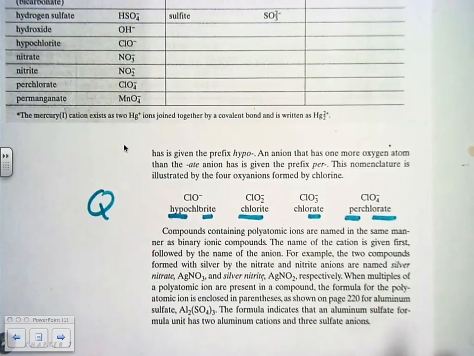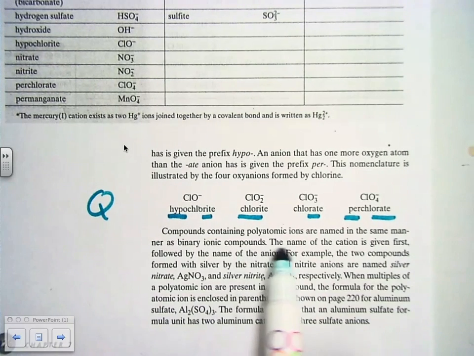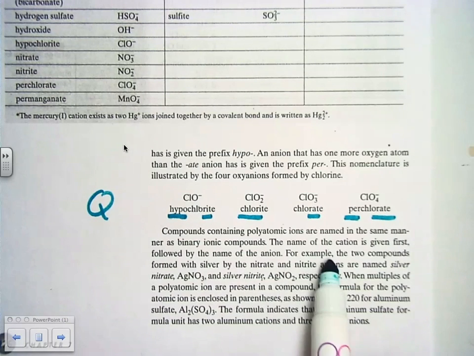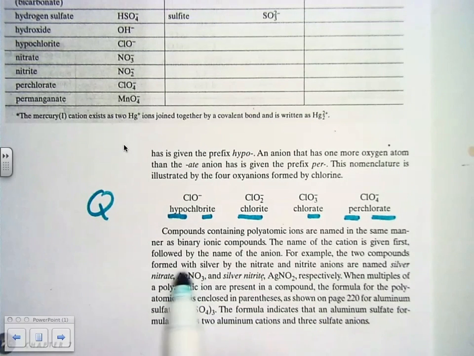Compounds containing polyatomic ions are named in the same manner as binary ionic compounds. The name of the cation is given first, followed by the name of the anion. For example, the two compounds formed with silver by the nitrate and nitrite ions are named silver nitrate and silver nitrite, respectively.